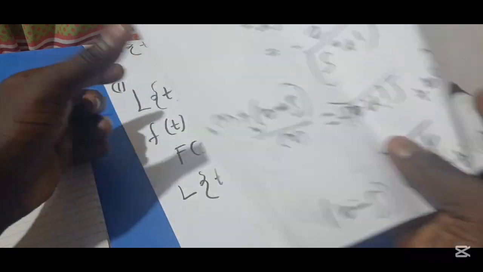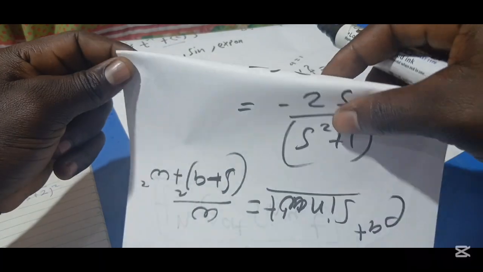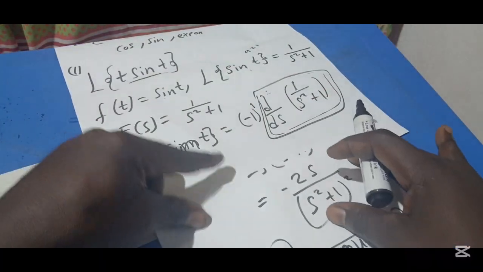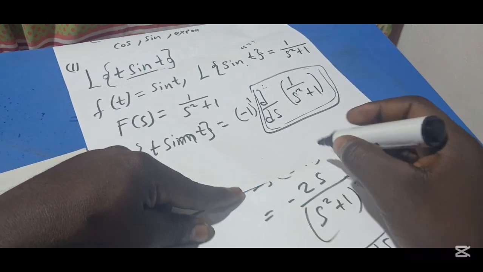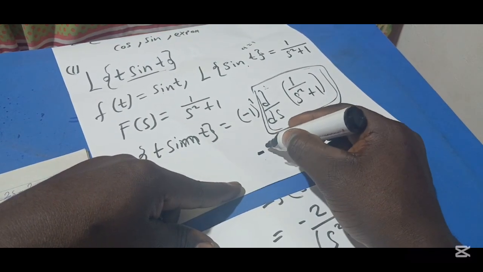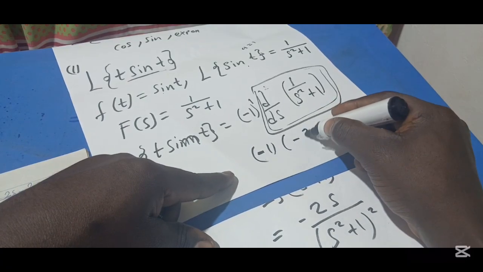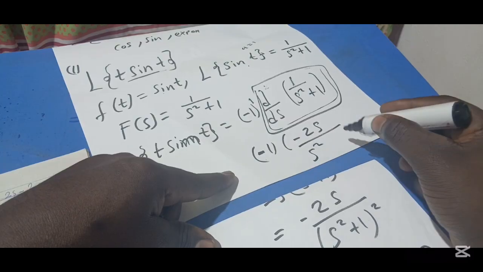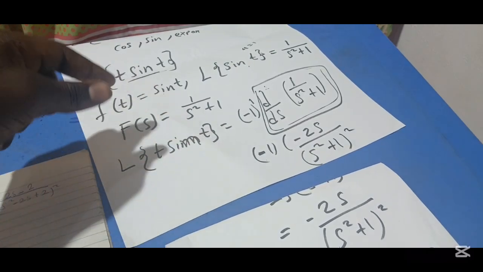So now this is just my differentiation. My minus 1 is already there, multiplying minus 2s all over s squared plus 1 all squared.